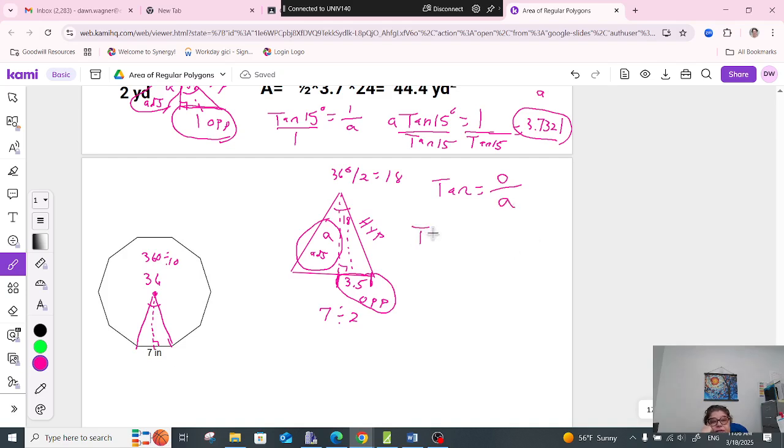So tangent 18 degrees is equal to the opposite side, which is 3.5 over A. So I cross multiply. A tangent 18 is equal to 3.5. Divide by tangent 18. What does my apothem equal?